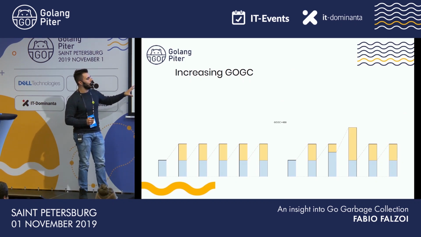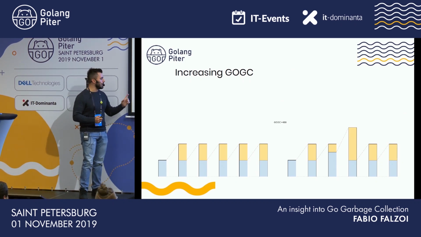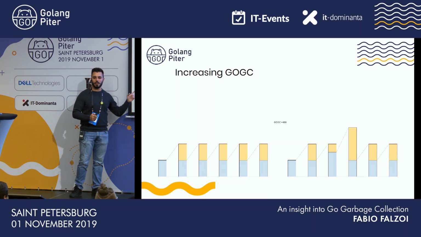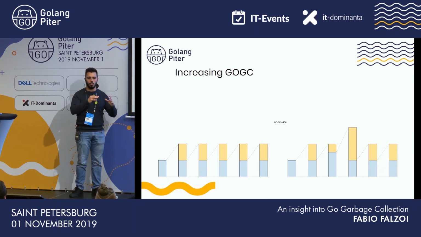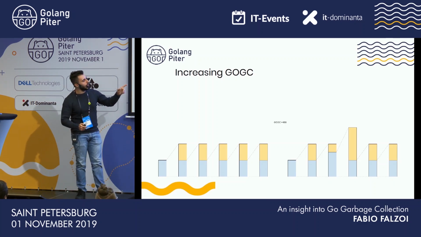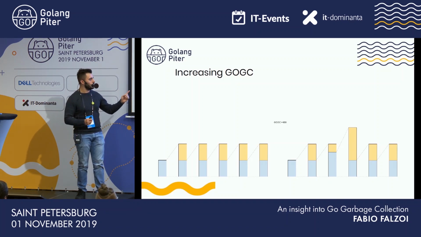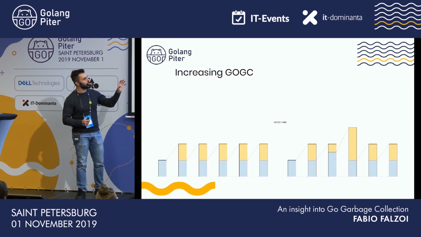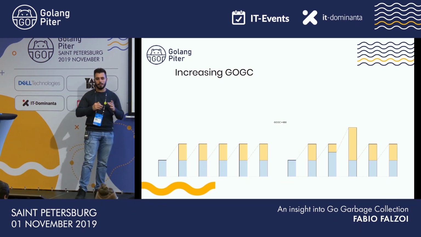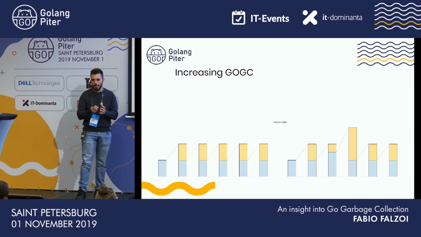here is what happens when your application is in steady state. Steady state means that the size of the live heap is quite similar from one collection to another. If at a certain point your application has a spike in the live heap size, with GOGC equal to 100, the spike in the calculated heap goal will be quite limited.